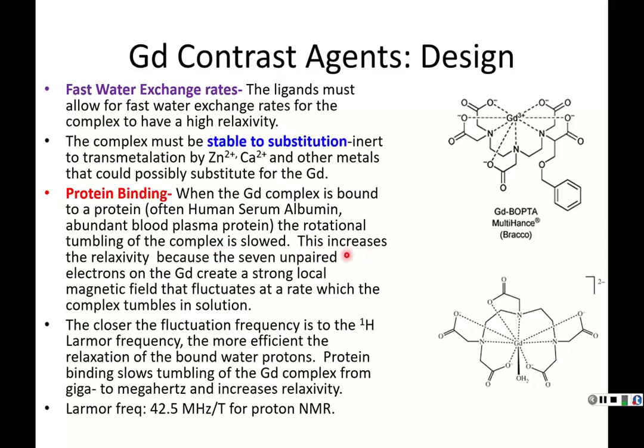And when that happens, that increases the relaxivity of that complex, because those 7 unpaired electrons are going to create a strong local magnetic field, and that's going to fluctuate at the rate at which the complex is tumbling in solution. So if you slow down the tumbling, that magnetic moment isn't going to fluctuate as much, and that's just going to make it a stronger contrast agent. So protein binding is good.